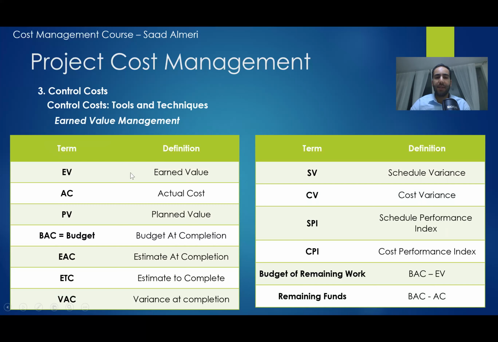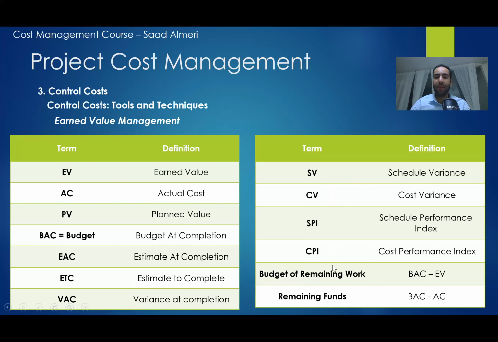The EV means the earned value, the AC is the actual cost, PV is the planned value, BAC means the budget at completion, EAC is the estimate at completion, ETC is the estimate to complete, VAC is the variance at completion, and then we have the SV, CV, SPI, and CPI, which are the indicators we use to determine the status of the project.